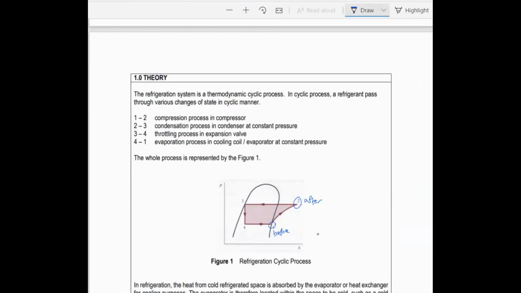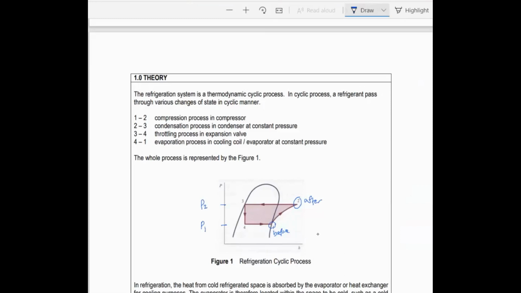And then from number 2 to number 3 is the condensation process, which occurs at the condenser at constant pressure. For example, this one is P2, and before that is P1.